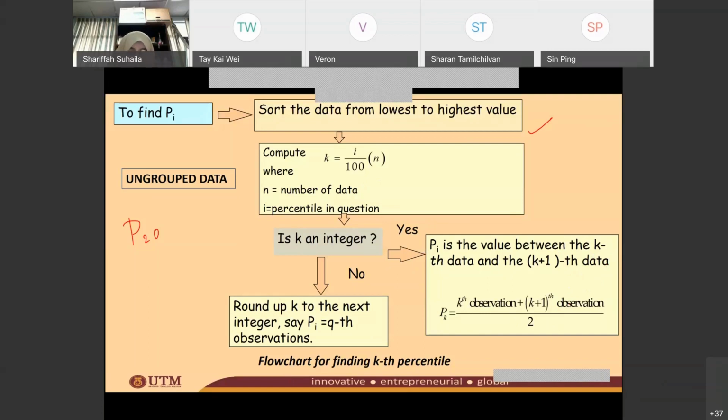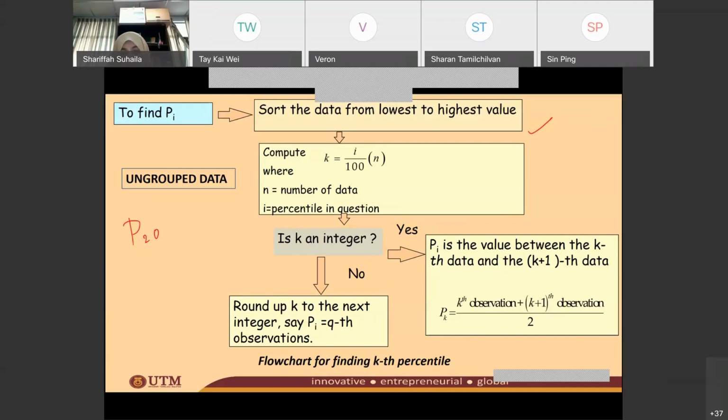Then you get the value of your percentile. If not, round up your k value to the next integer. For example, let's say you have 1.75. This is not an integer, so you round it to 2. That means Pi is the second observation.